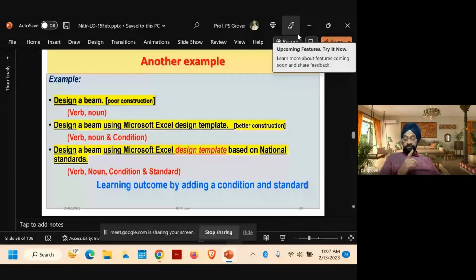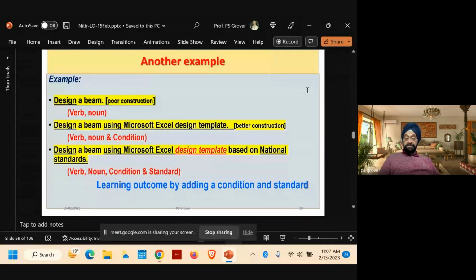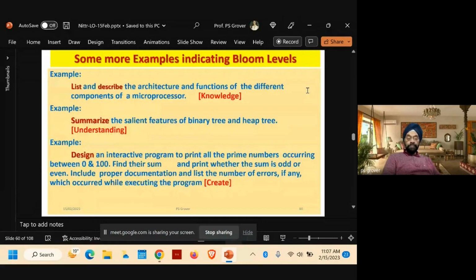When I'm using the word design, I am expecting the student to work at the highest level. He can work at the highest level only if he is well aware of what is at the corresponding lower levels, and so on. So more examples indicate Bloom's level. For example, list and describe the architecture and function of the different components of a microprocessor.